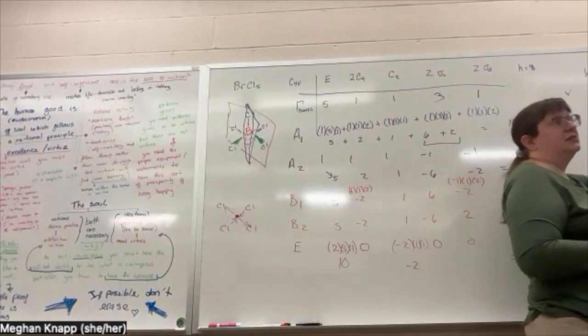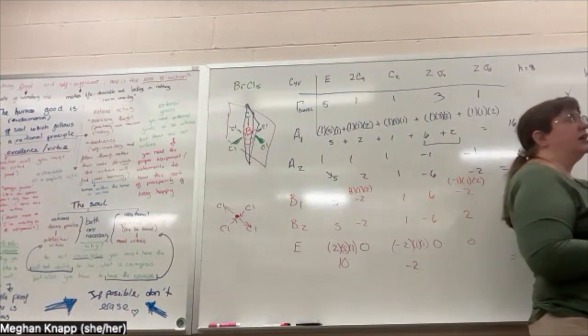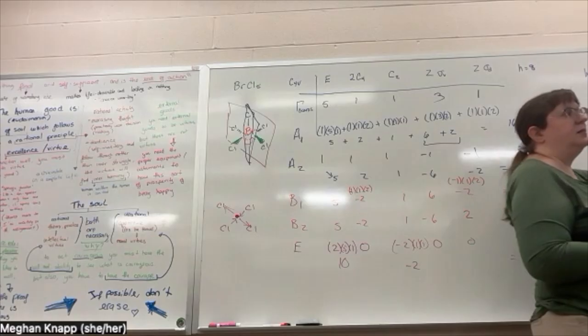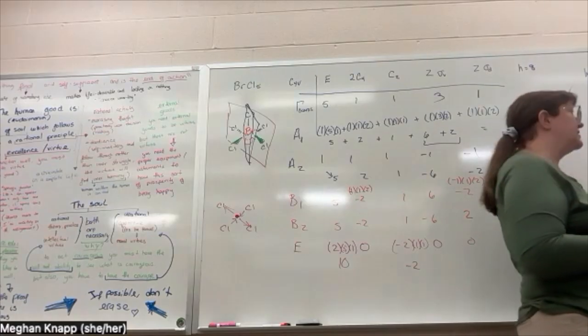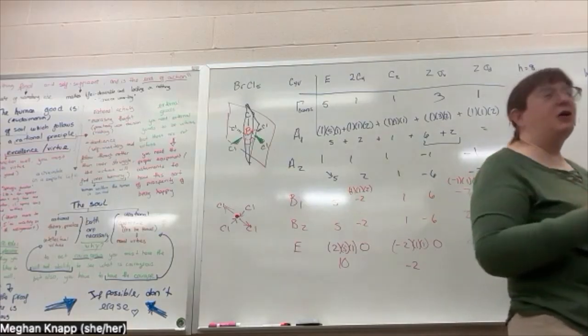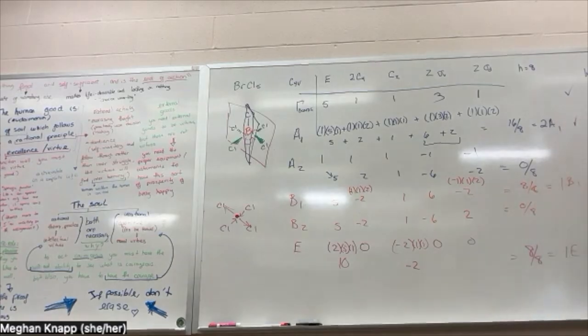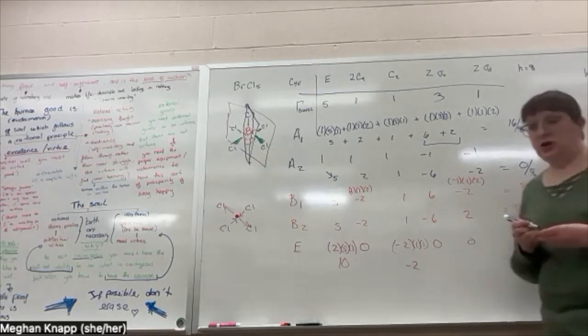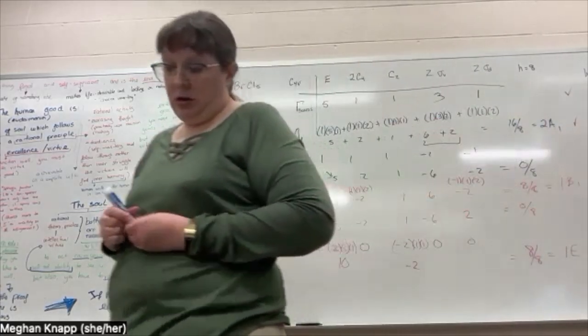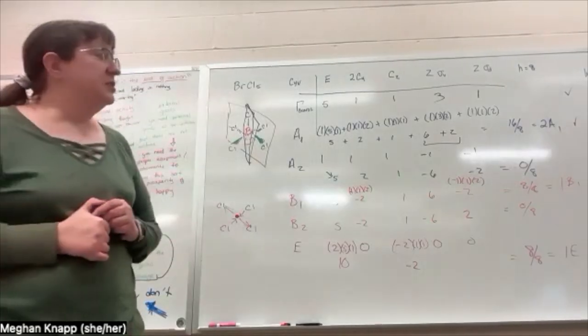IR. Now, does it have to be something specific or can I look for anything labeled in that column? The Z, X, and Y. So the R's don't tell us anything about IR spectroscopy, but I'm looking for Z, X, and Y. Okay, so is my A1 visible in the IR?